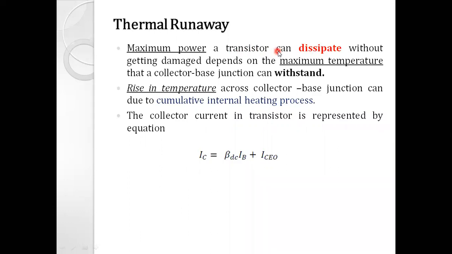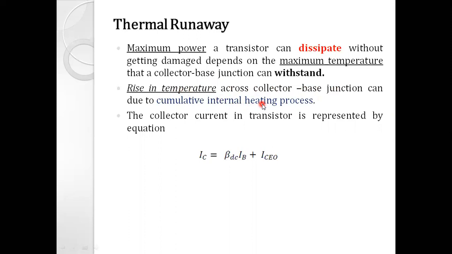Maximum power a transistor can dissipate without any kind of damage totally depends on the maximum temperature which is handled by this collector base junction, right? So rise in the temperature across this collector base junction is due to cumulative internal heating process. What this cumulative internal heating process is, I'm going to explain in the next slide.